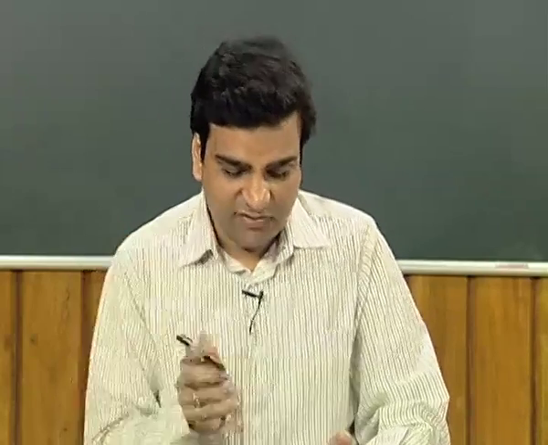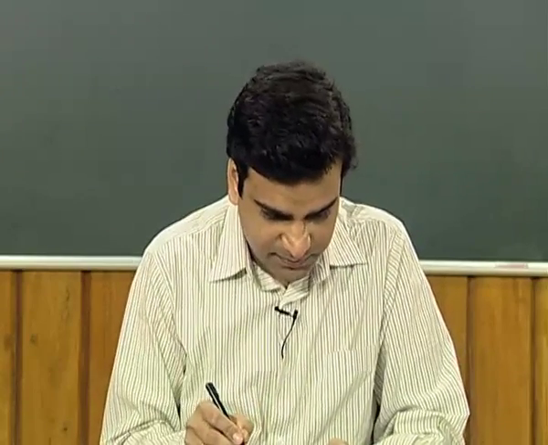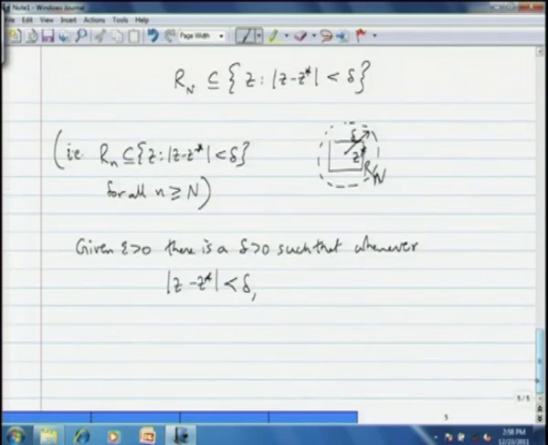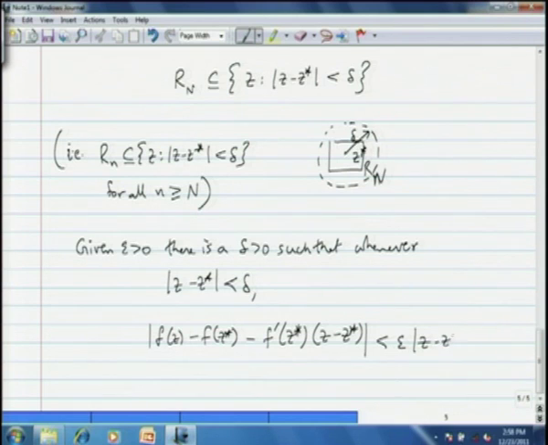So, given epsilon greater than 0, there is a delta positive such that whenever the modulus of z minus z star is strictly less than delta, the modulus of f of z minus f of z star minus f prime of z star times z minus z star is strictly less than epsilon times modulus of z minus z star.